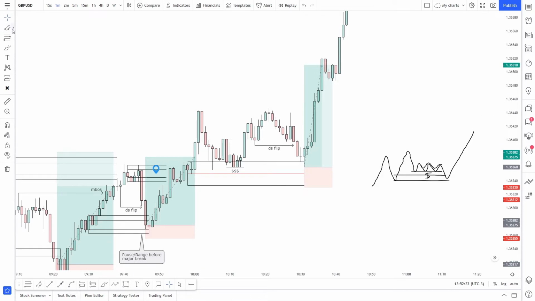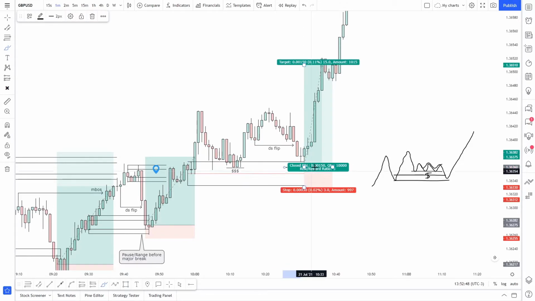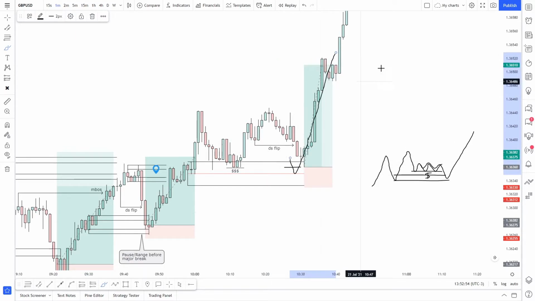And if I would have traded it, as the liquidity is basically basing itself on the 25%, I would have gone for the 25%, hoping that price mitigates the 50 and then continues to go higher, right? If I place my trade on the 25, which is basically here, price has to go a little bit further for me to be mitigated, and then price could continue to push higher, or of course go lower.